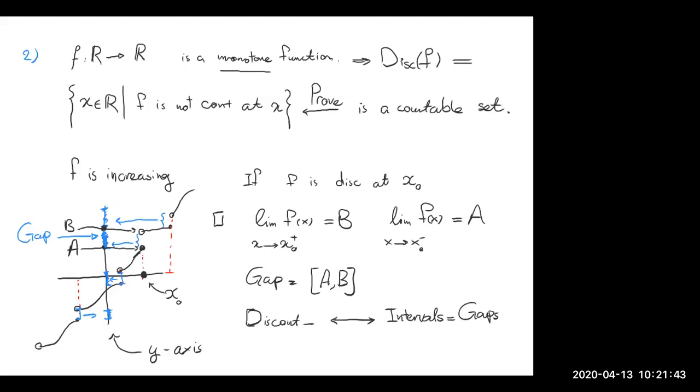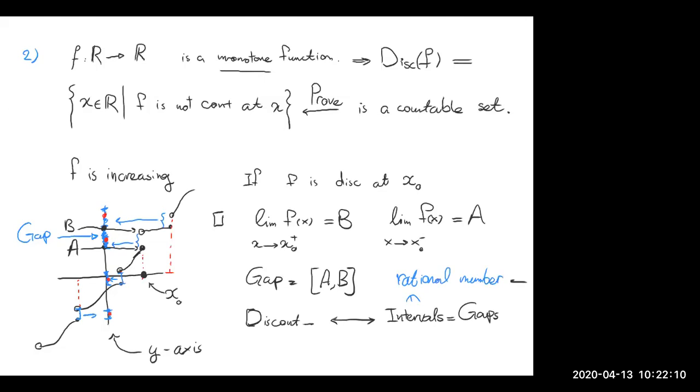Now, inside each of these gaps, we can choose a rational number. I'm denoting them with red dots. So inside each gap, inside each interval, we can choose a rational number. So to each interval, we assign a rational number. On the other hand, there are at most countably many rational numbers.